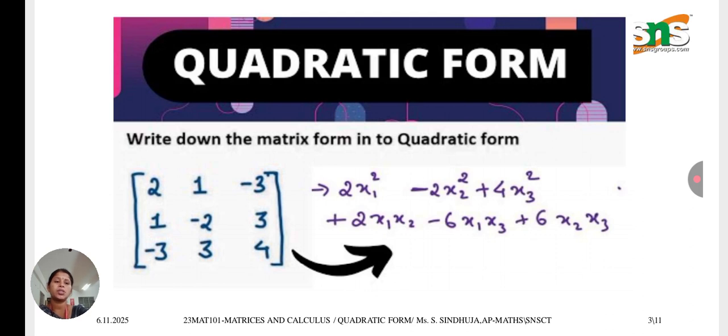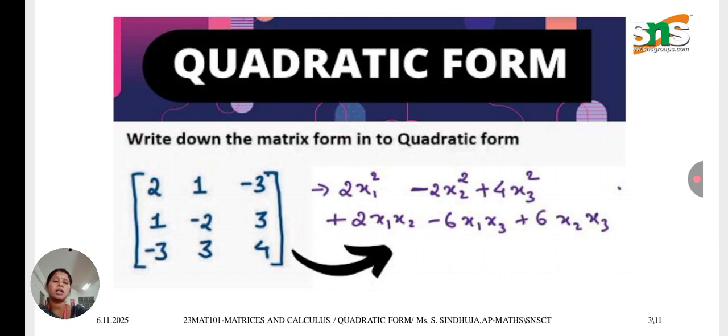Similarly, the positions of x1 x3 and x3 x1 are both minus 3, so together we write minus 6 x1 x3, and so on. So we get the equation 2x1 square minus 2x2 square plus 4x3 square plus 2x1 x2 minus 6x1 x3 plus 6x2 x3. Likewise we can convert the quadratic form into a matrix form, and vice versa.